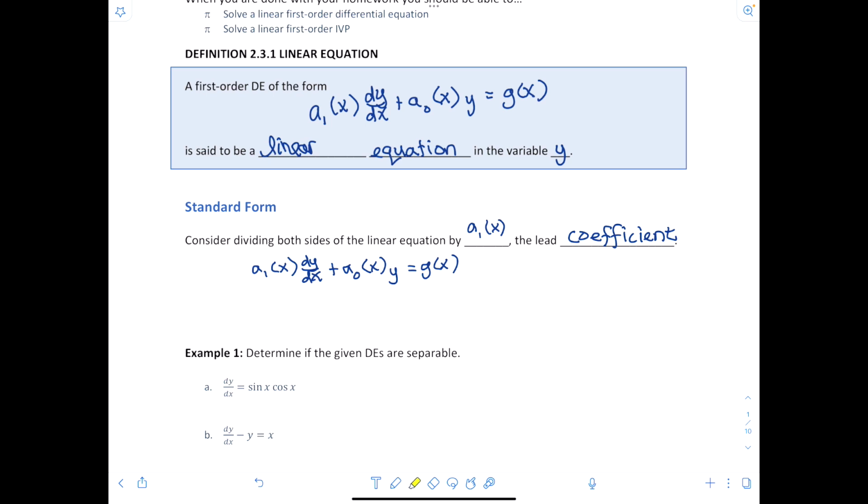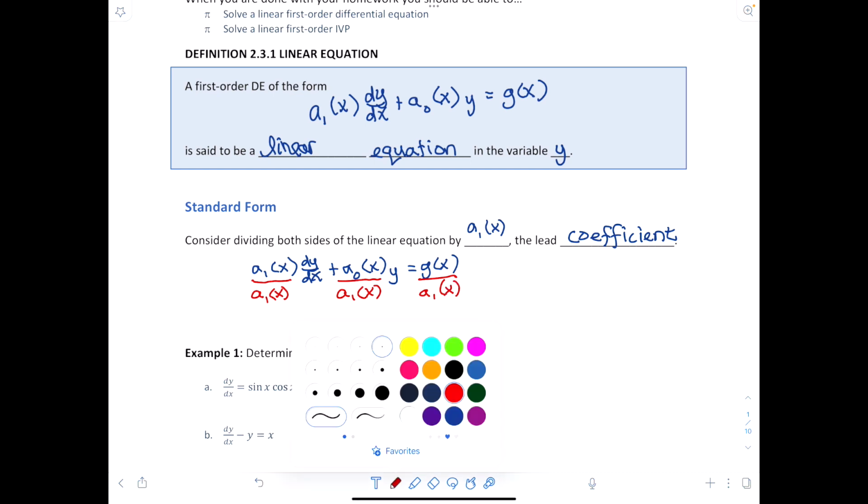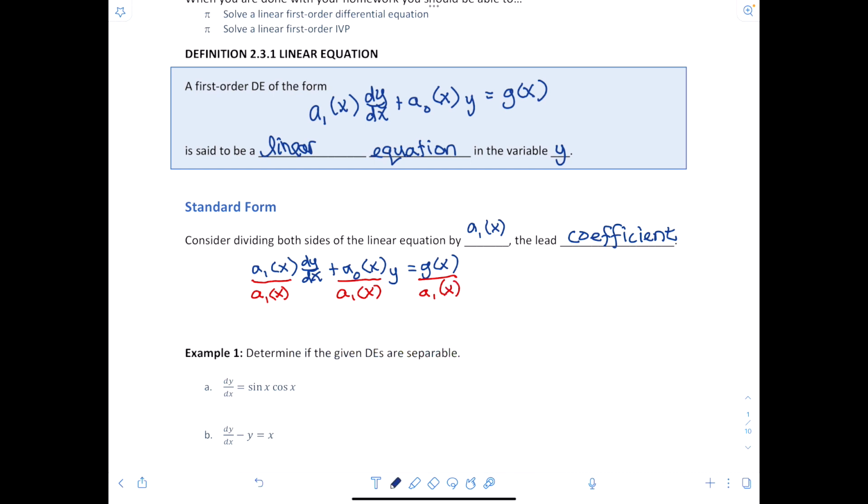Now, if we divide through by a sub 1 of x, then what happens is we get dy/dx isolated.